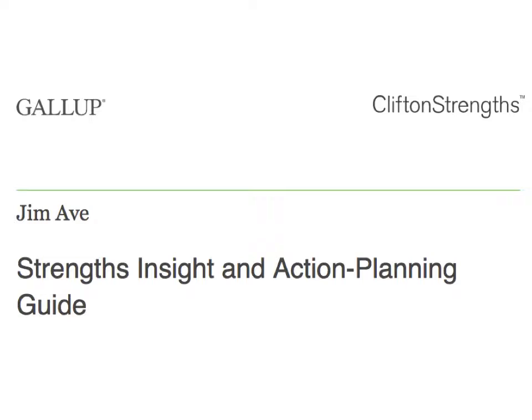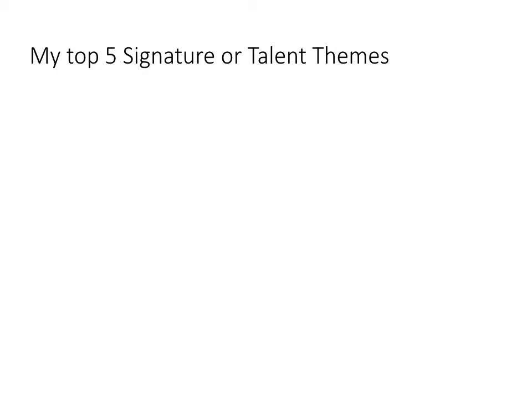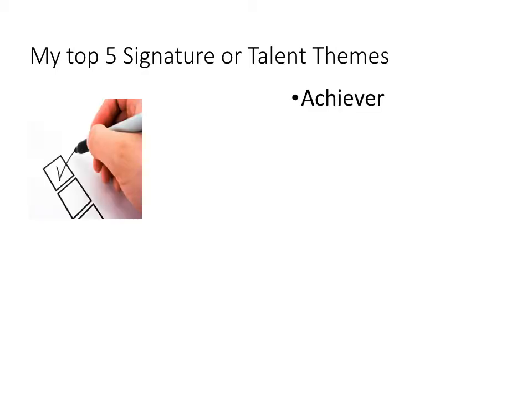So what the Gallup organization and Donald Clifton and Gallup organization has done is they have identified 34 possible talent themes, and I have these on the screen here, the 34 in alphabetical order. I'm going to give you my top 5. So my top 5 signature or talent themes.